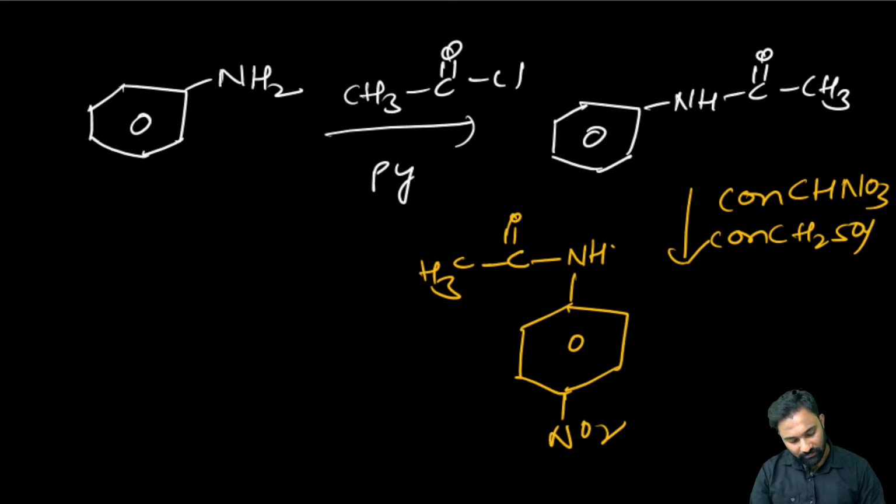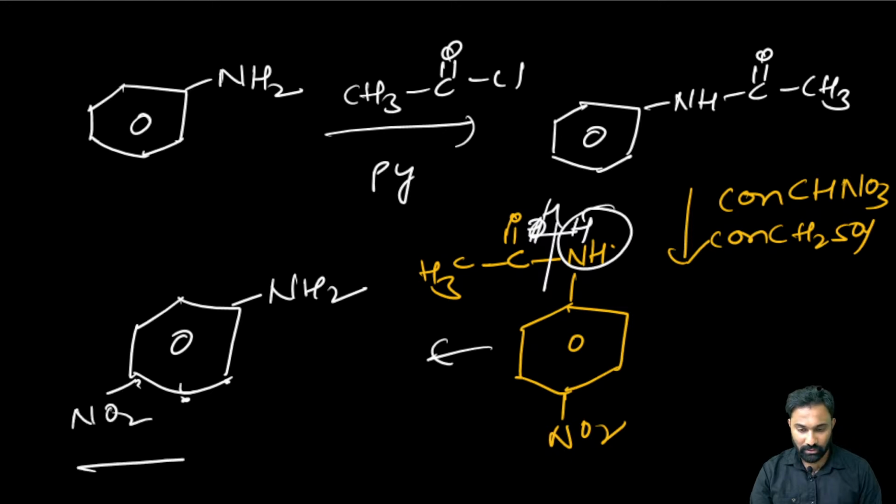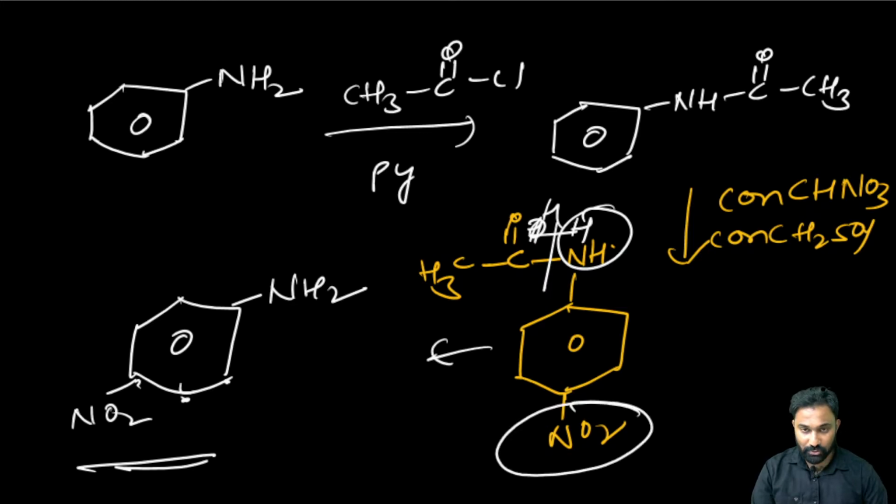Then after getting the ortho and para substituted products, you will add H2O and we will get the NH2, with the NO2 at the para position. Clear? Now this is what we are getting at the para position, because the para substituted is major.